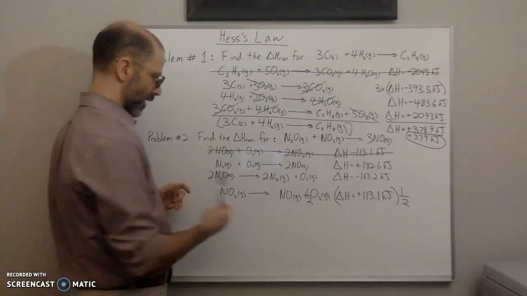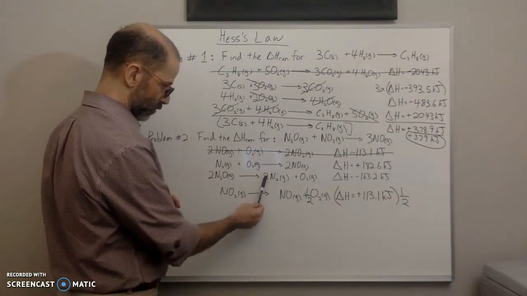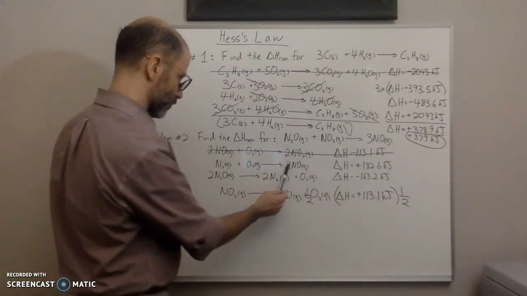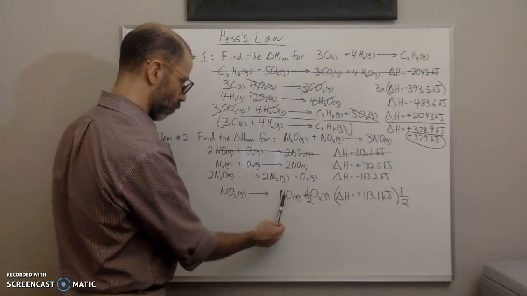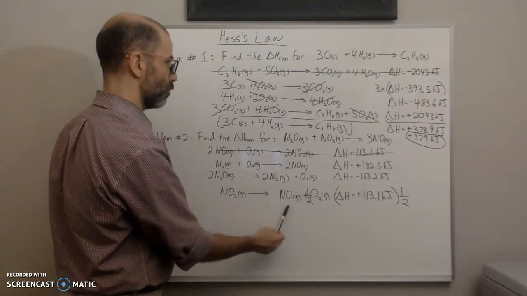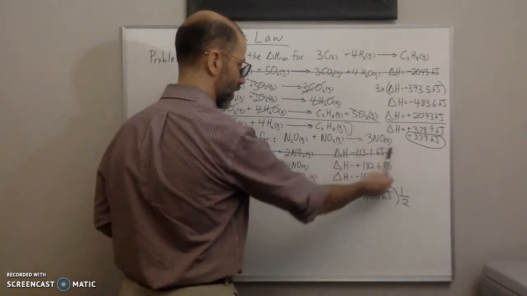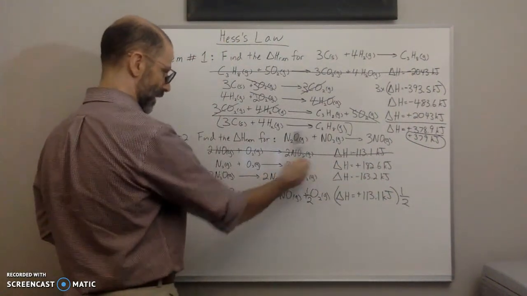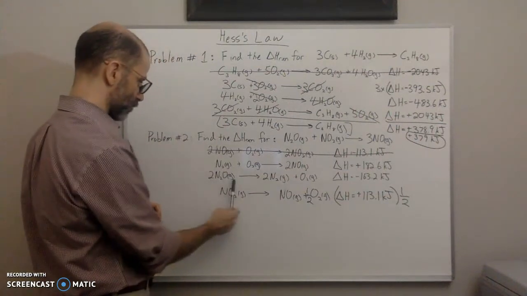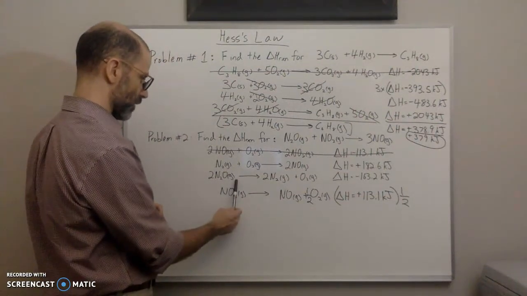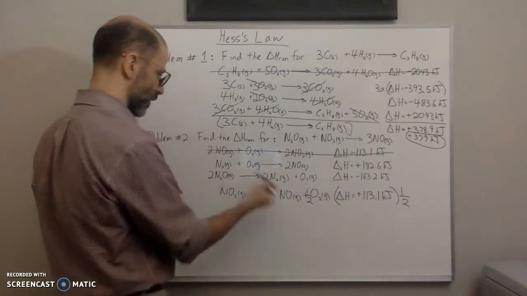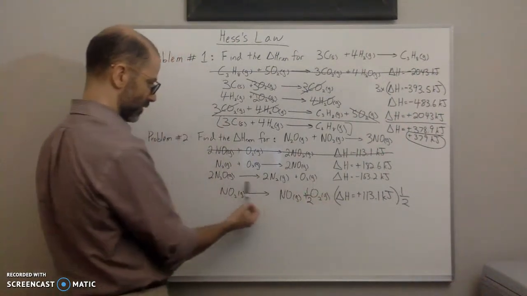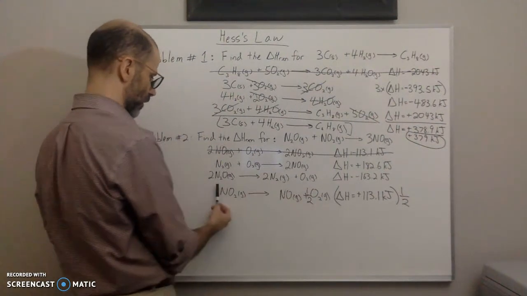So now if I add these together, I have 2NO gas here, and I have 1NO, so that's going to add to 3, and that's going to give me my 3NO gas here. I have 1N2O gas on the reactant side, and I have 2 N2O gases here. So if I want just 1 N2O, I would multiply this equation by 1/2.